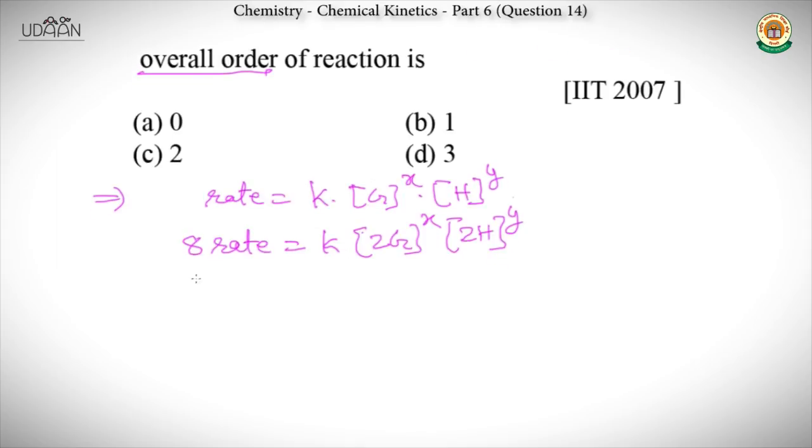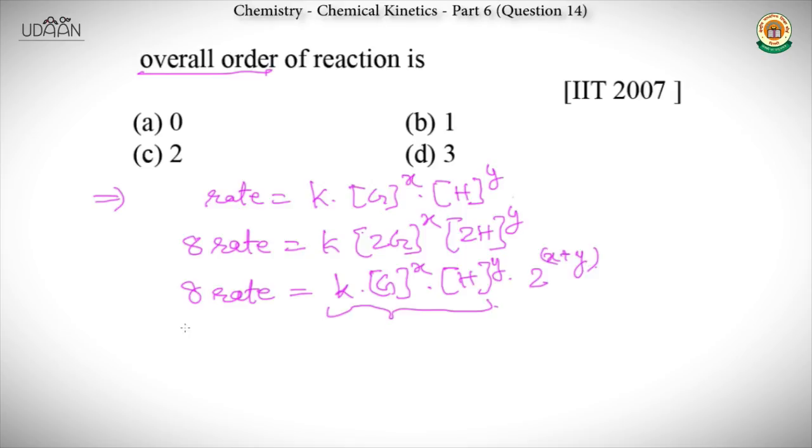So by solving this, 8 times rate is equal to K multiplied by G raised to the power X multiplied by H raised to the power Y, and 2 to the power X plus Y. So this is the initial rate. So 8 times rate is equal to 2 raised to the power X plus Y times rate, because we can write K into G to the power X and H to the power Y as the initial rate.